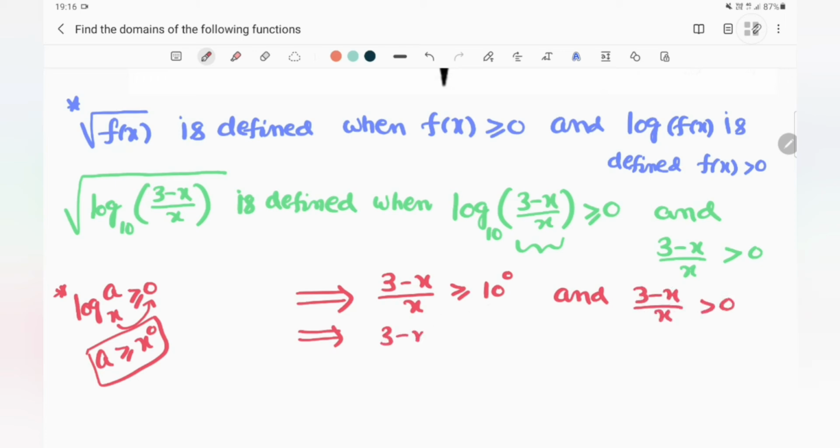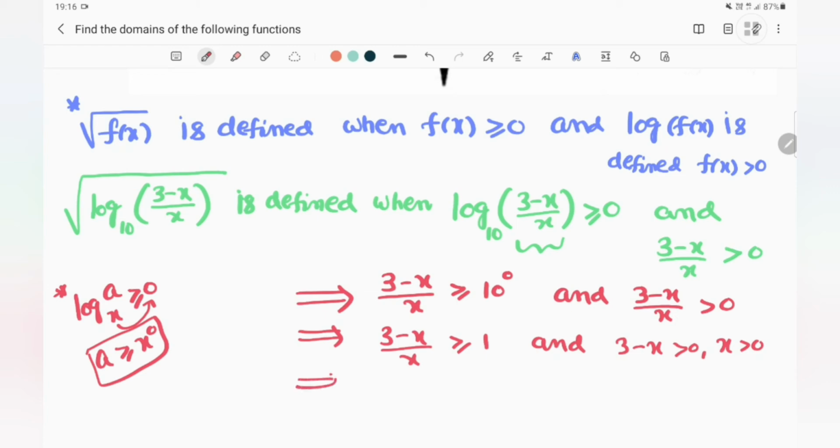So 3 minus x by x is greater than or equal to 1, and see, a by b is greater than 0 means a is greater than 0 and b is also greater than 0. So 3 minus x is greater than 0 and x is also greater than 0.